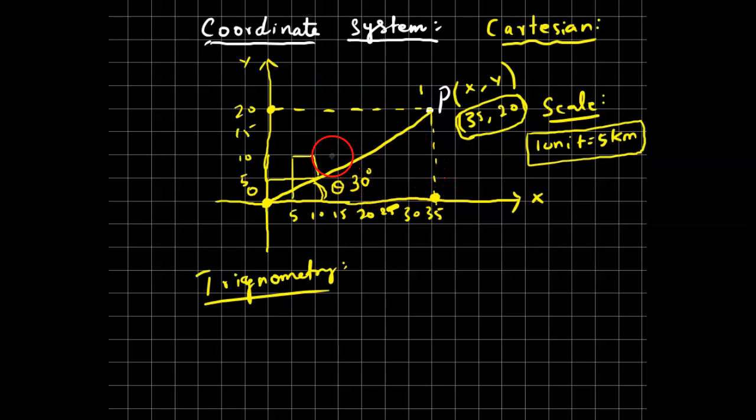They need to get this distance. Let's call it r. This is the position vector. Position vector means the location from the origin. From the origin, the location of the point P, the boat, is the position. So they say position vector or location vector where the police have to reach.